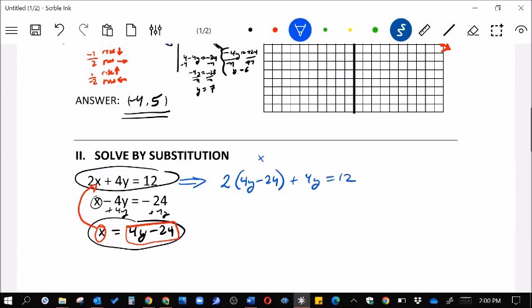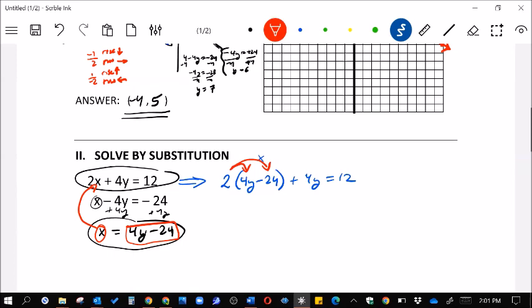So now I look at this, and one easy way to help me would be to divide everything by 2 and simplify the problem. But that's not always possible, because if this was an 11 or something instead of 12, we couldn't do that. So I'm going to do it the more classic way. Let's distribute the 2 into both of these.